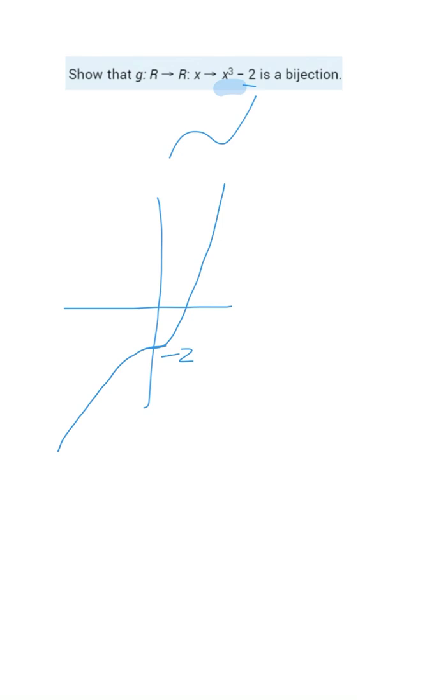Now, I'm asked here to show that it's a bijection function. And again, my input is any real number, the output is any real number, and I can see for this that for every input, I am going to have an output. Anything I put in for my input, I'm going to have an output. And as well, I can put in any real number, and then I'll also have an output of any real number. So I can see there from the graph that this is a bijection function.